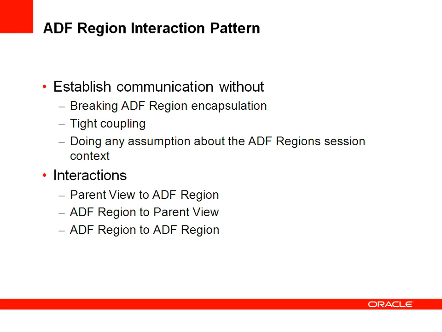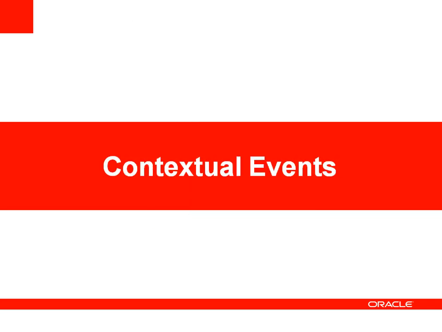And then you have region-to-region interaction, which is two regions sitting on the same parent container or even nested in the same parent container, and they need to exchange communication or just trigger some sort of action in the other region. As mentioned, there are different ways to implement that, but the one that always works is contextual events. And contextual events is the most powerful technology feature in ADF to achieve communication between regions and their parents.